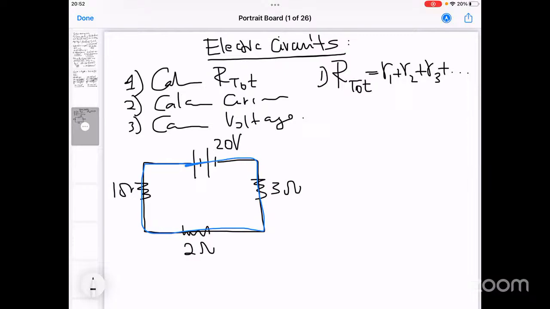In this case, we only have 3 resistors. It is your small charger there, it is the TV, and then it is the stove there.